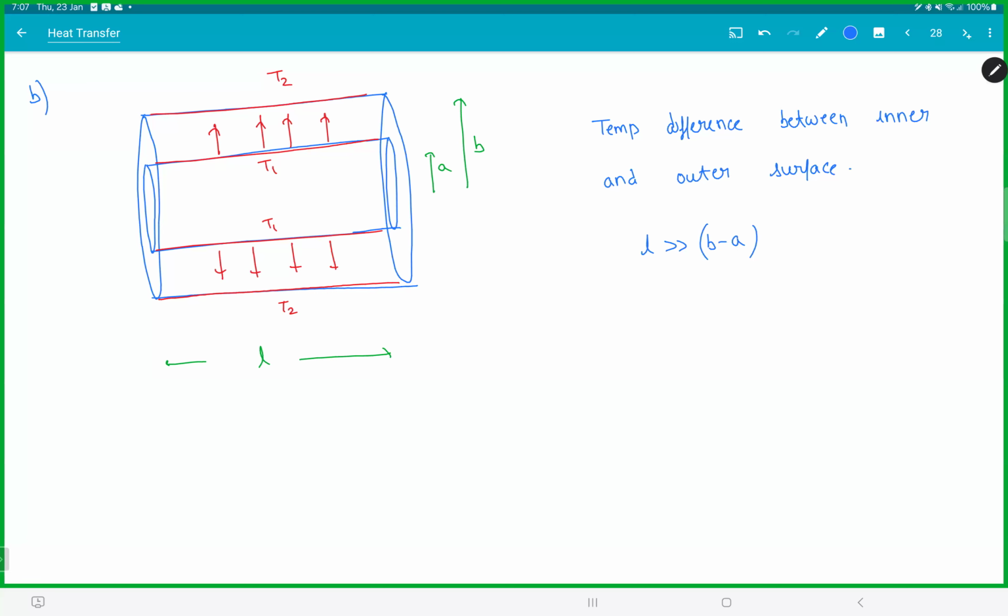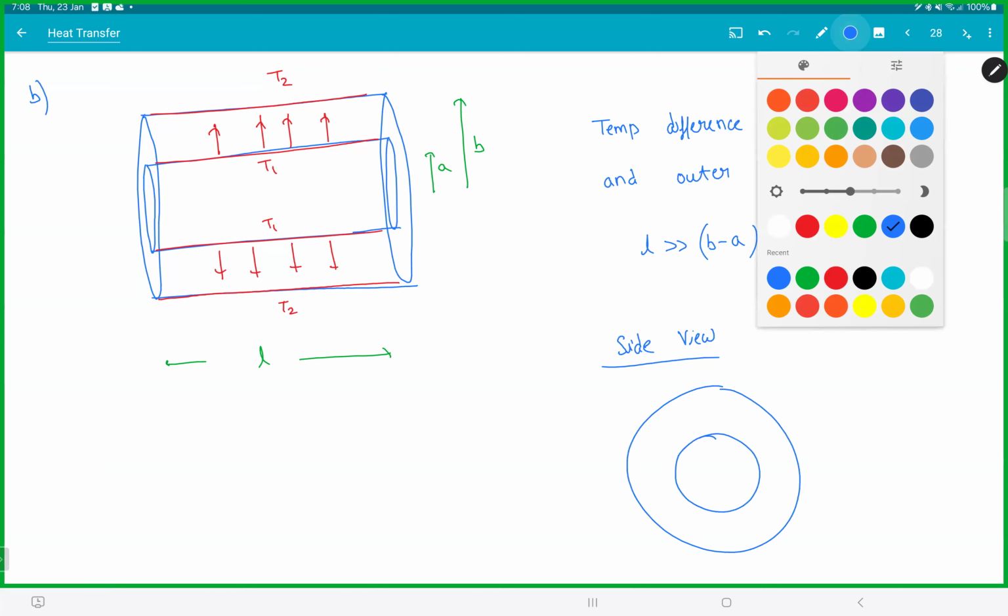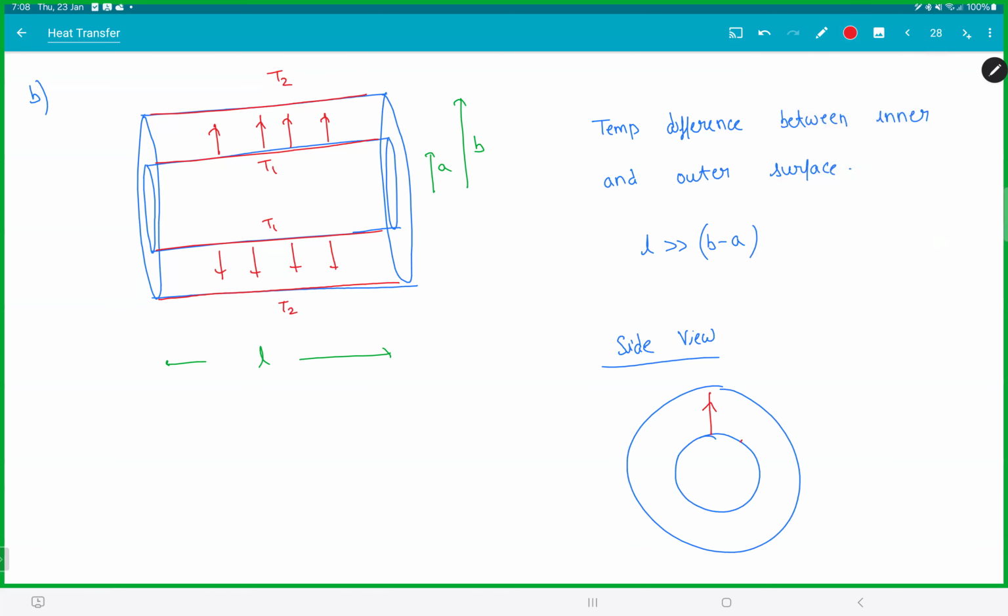When you say L by KA, what is changing? As the heat is flowing out, the side view will look like this. The heat is flowing radially, isn't it? So as you go out, what is changing? Area is becoming bigger and bigger, na? You cannot use the formula directly, L by KA.